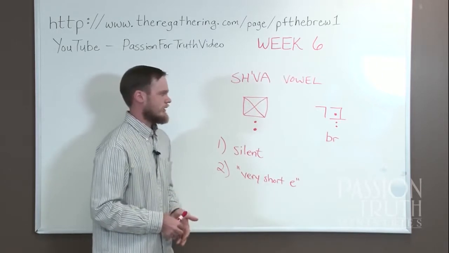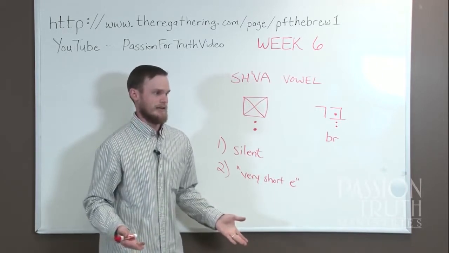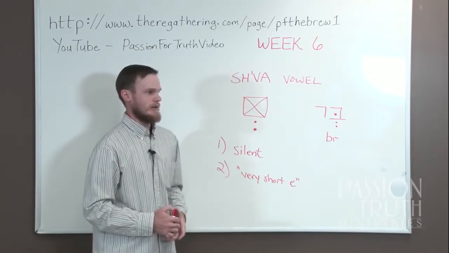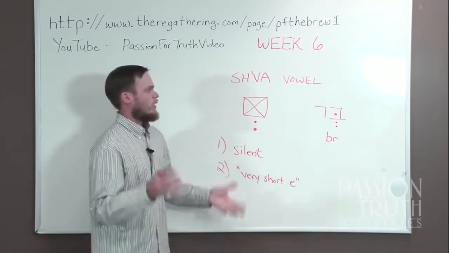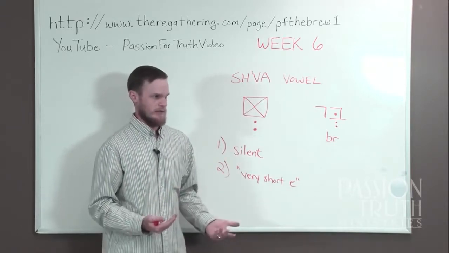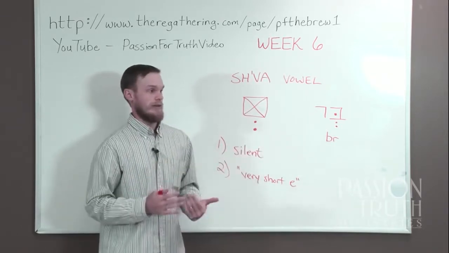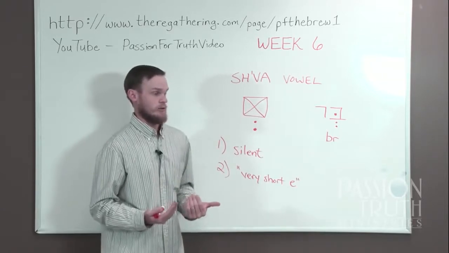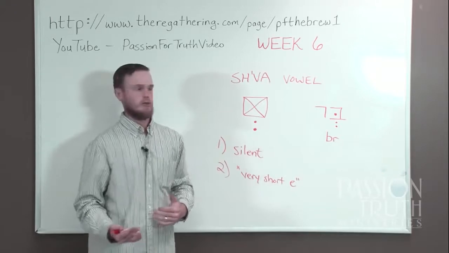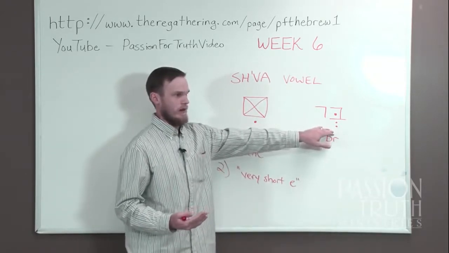It seems kind of silly on a first glance to have a vowel that doesn't make a sound. However, there is a good reason for it, because the shva, when you start adding things to words, adding prefixes, adding suffixes, vowels within the word will actually change. And so sometimes vowels will change to a shva, and sometimes they'll change from a shva. So there is a reason to actually have a marking there.